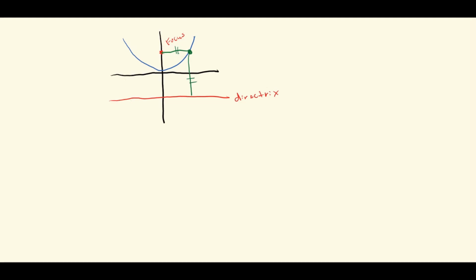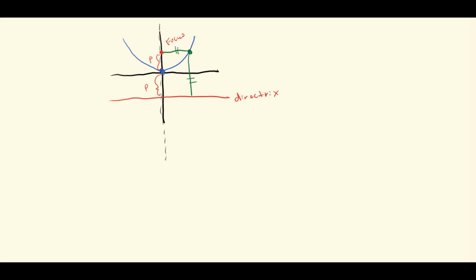And also the distance between the vertex, which in this case is right here, and the focus, they call it p, is going to equal the distance from the vertex to the directrix, which is also going to be a distance of p. And then straight down the middle, we have our axis of symmetry.